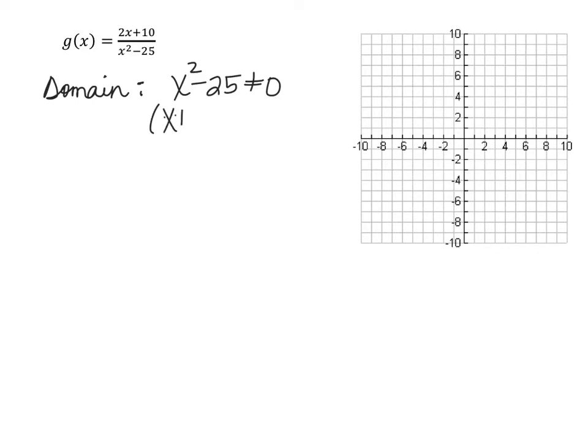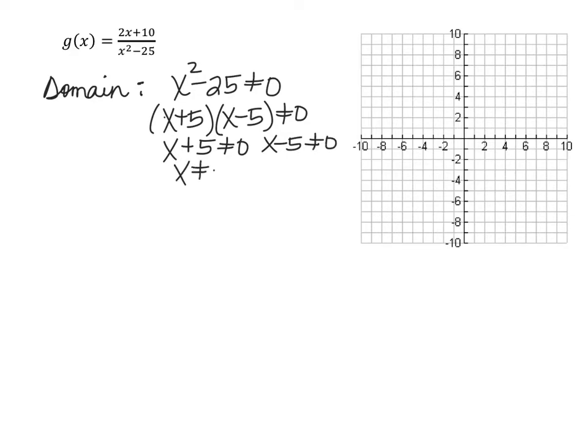Either way, I choose to factor though, because sometimes when people take the square root, they forget the plus or minus. If you factor this into (x plus 5) times (x minus 5), then you can see that x plus 5 cannot equal 0, x minus 5 cannot equal 0, therefore x cannot equal negative 5, and x cannot equal positive 5.